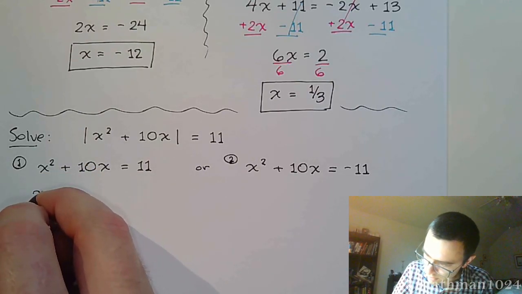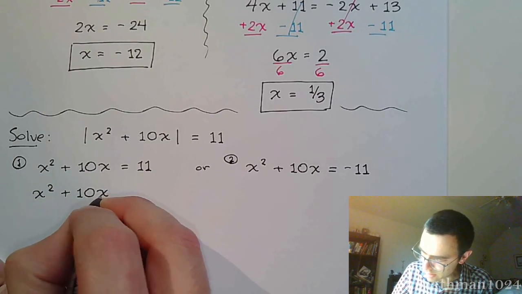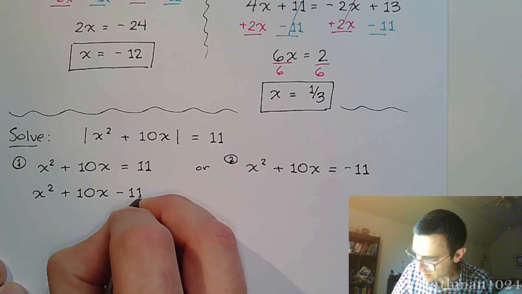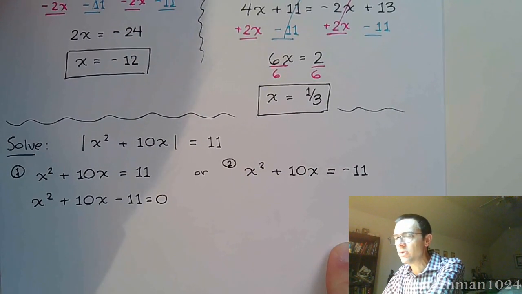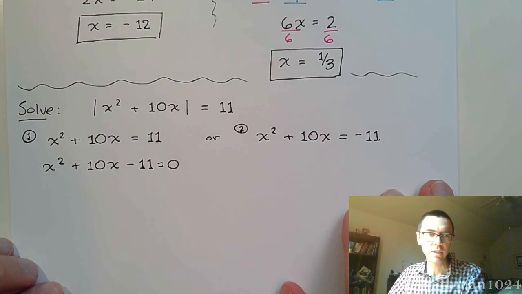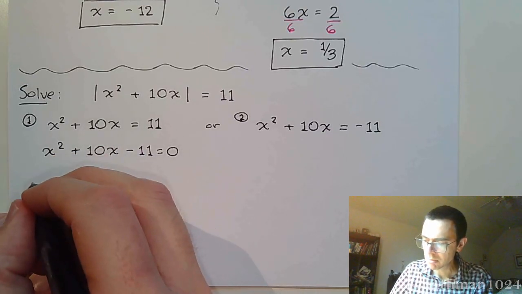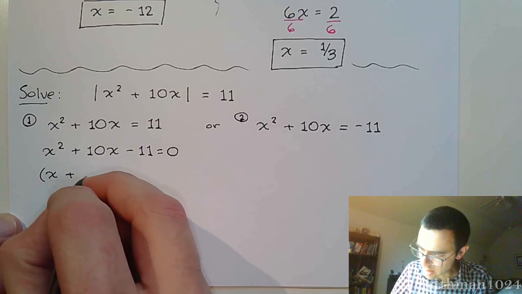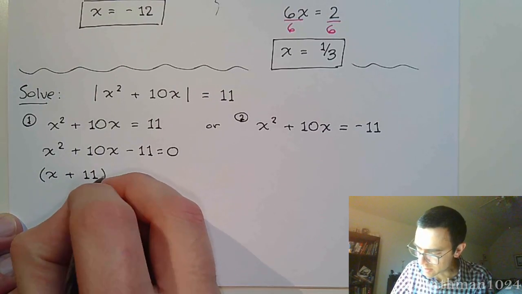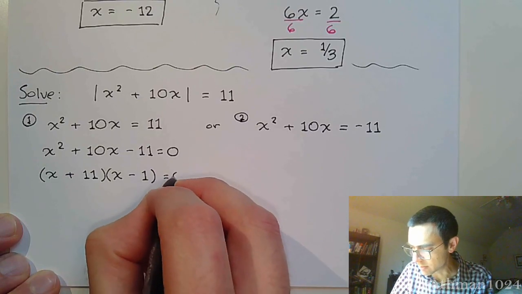So to see if this is going to factor, I need to move the 11 over here to the left. And let's see, can we find factors of 11, in this case, that will subtract to 10? I think without a lot of work, we can see that we're going to factor this as x plus 11 times x minus 1.